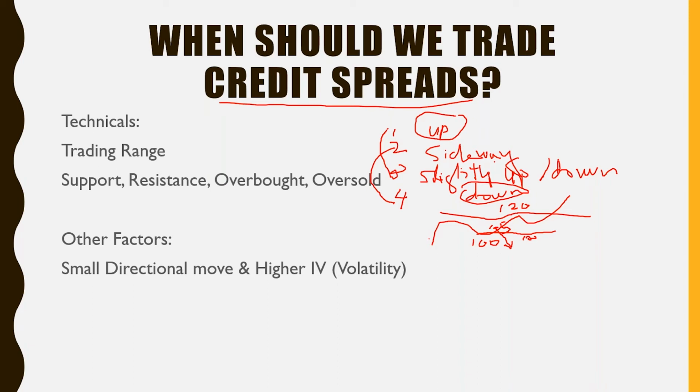So that's the idea of the strategy, that we don't need the stock to go in our direction at all to make money. It can be either up if we do a call, sideways, slightly up, or even slightly down, and we still make money.